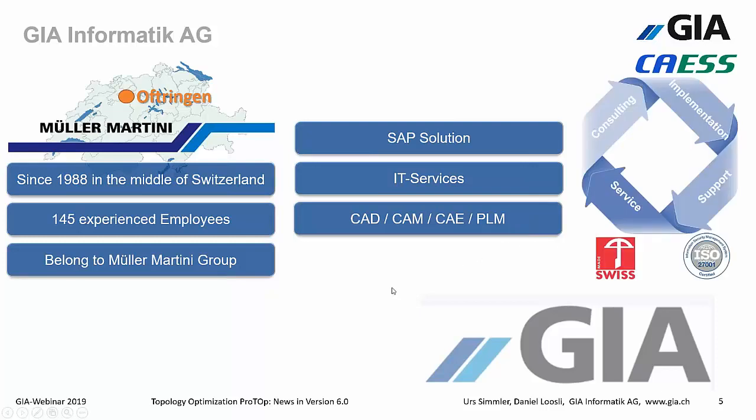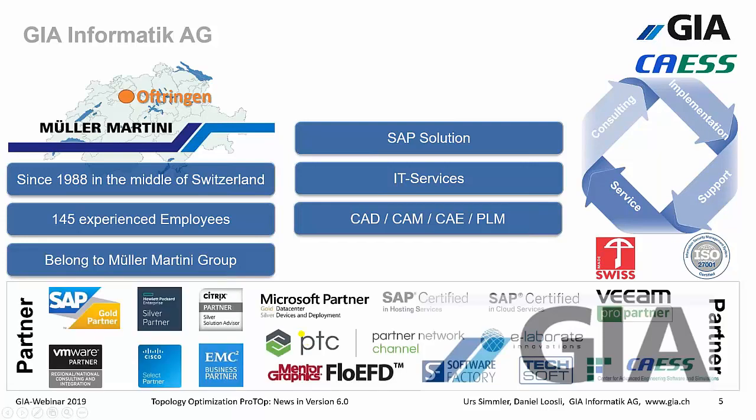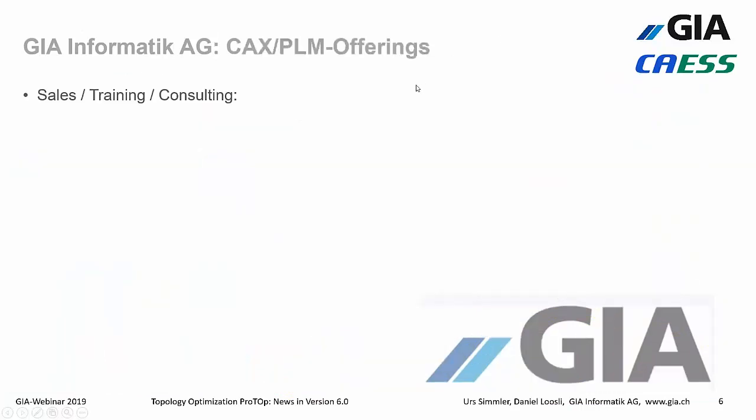We'd like to have successful customers. Therefore, we do not only sell the product, we also do implementation, and we'd like to support our customers with different products. In the CAD environment, our main partner is PTC, and as you will see later on, there are also other partners we are working with, and one of them is CAESS, the owner of ProTop, the topology optimization service.